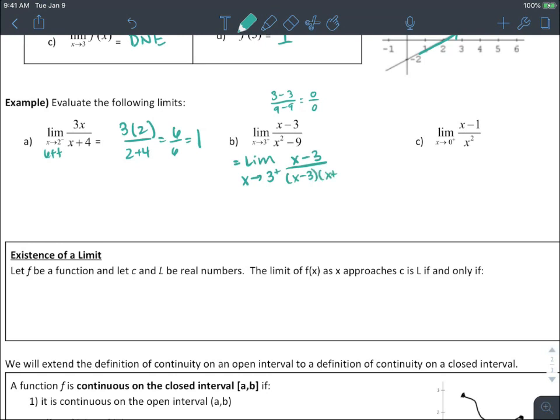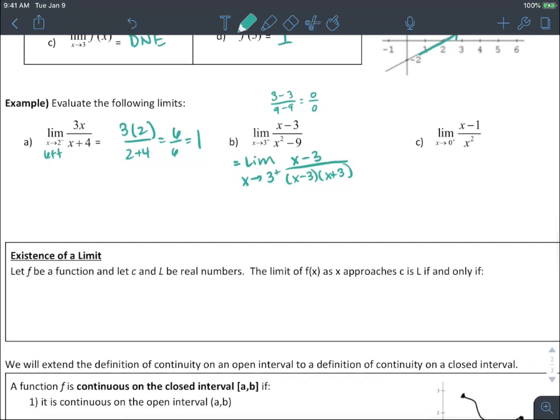That's a difference of squares. Those factors cancel, leaving me with the limit as x goes to 3 positive of 1 over x plus 3. Now when I plug in 3, I am not undefined. So I can do 1 over 3 plus 3, which gives me 1 sixth.